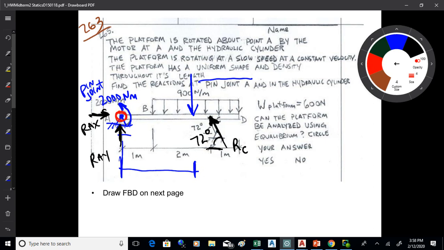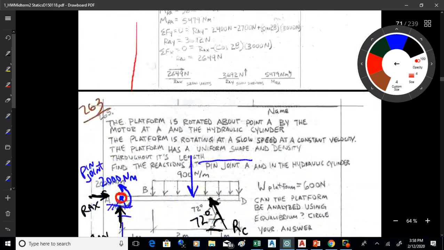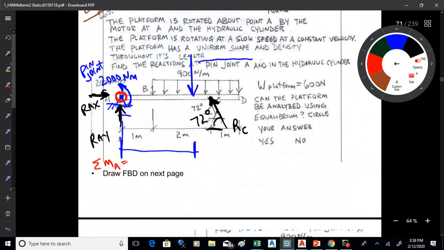So it's always a good idea, if you see one of those, you can rarely go wrong, to take a moment about it. Because when you sum moments about A, you've already eliminated two of the unknowns because they act right through the pin joint. So if you take the sum of MA and set that equal to 0, you will solve for RC. Okay?